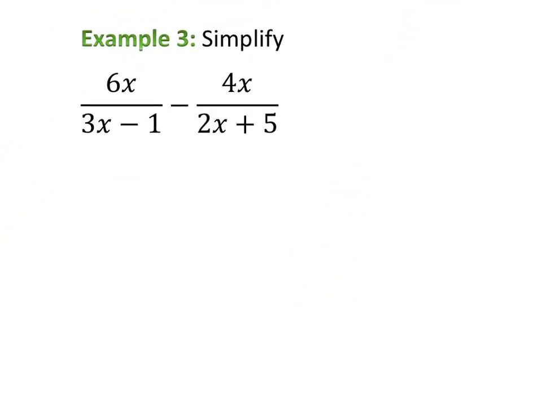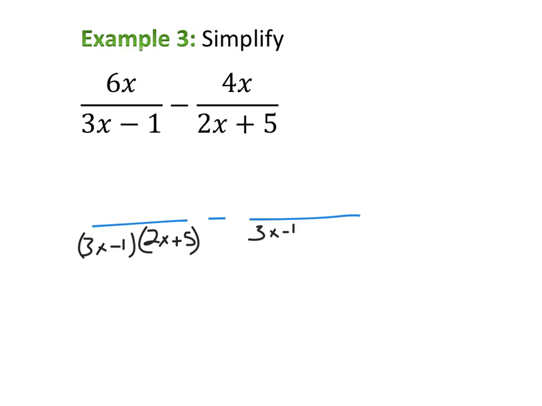The next one. So again, we're going to simplify, and again we need a common denominator. This time I can't factor either of the bottoms of the fractions. For my common denominator, it's going to require both pieces that I see, both the 3x minus 1 and the 2x plus 5.